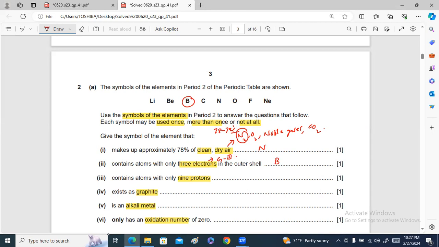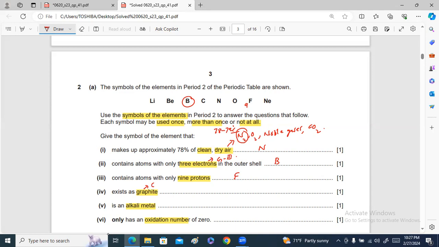Contains atoms with only 9 protons. 9 is the proton number of fluorine, so that's why the answer is F. Exists as graphite. Graphite is carbon. So carbon exists in the form of graphite and diamond, and these are the different allotropes of carbon.